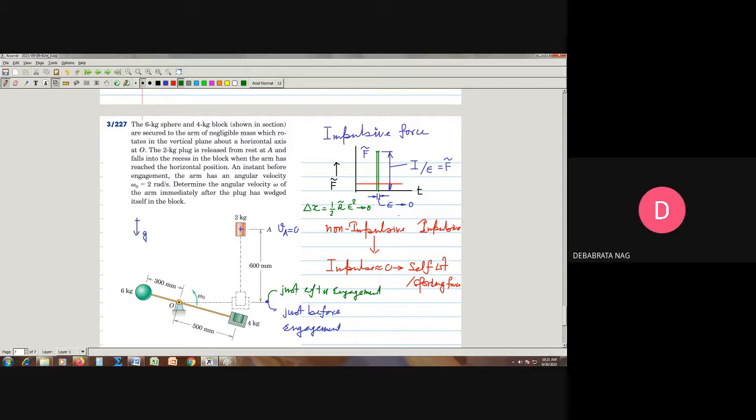Therefore, the same line can indicate two different positions, just before engagement and just after engagement, because this time gap epsilon is during which our impulsive force acts. Correct? Within this time gap of epsilon, essentially there is no change in the configuration, and the same horizontal line I can treat as the situation just before engagement and just after engagement.